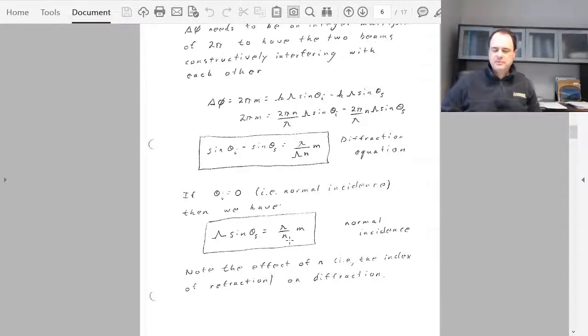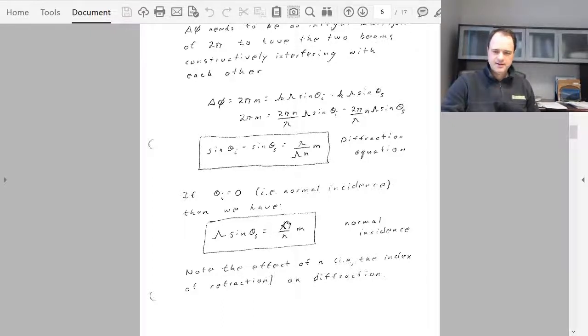that is sometimes called the effective wavelength. And so what that represents is the fact that light, when it's in a dielectric material like glass, its wavelength, its crest-to-crest distance or trough-to-trough distance, is compressed according to this index of refraction term. So the effective wavelength is lambda over n.